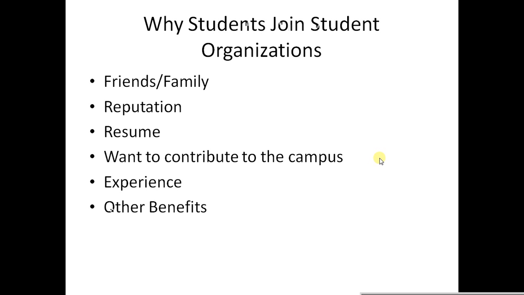So maybe they want to get experience in helping to organize a particular event or to be a part of a particular cause. Or maybe they just want to go on a trip. Who knows? But there are many other benefits for why students join student organizations. And think back to yourself, why did you join your student organization? Some people may have the same reasons why you joined your student organization. So keep that in mind.